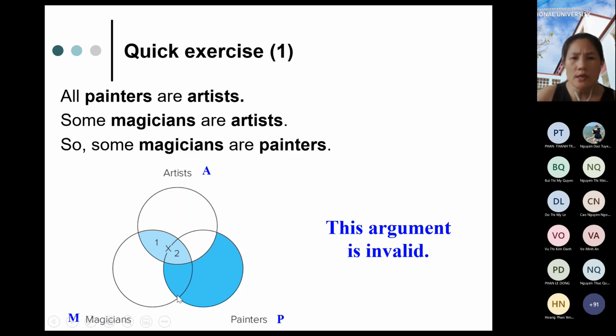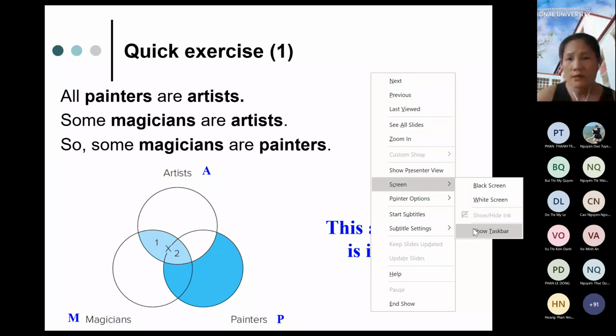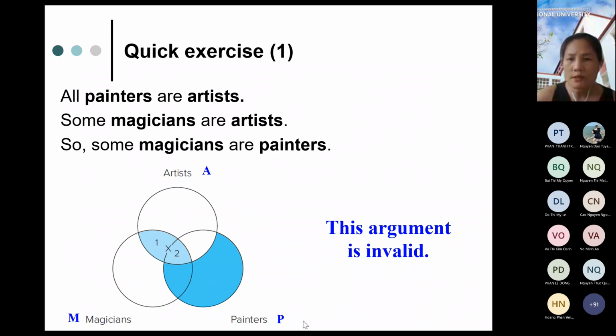But actually we don't see it, isn't it? We only see half of the X because of the premise 2. So the conclusion is not described on the Venn. Therefore, this is an invalid argument. Do you understand?